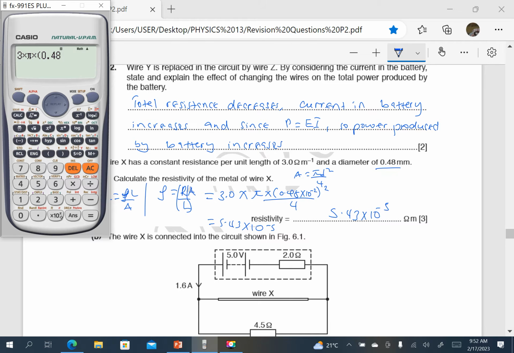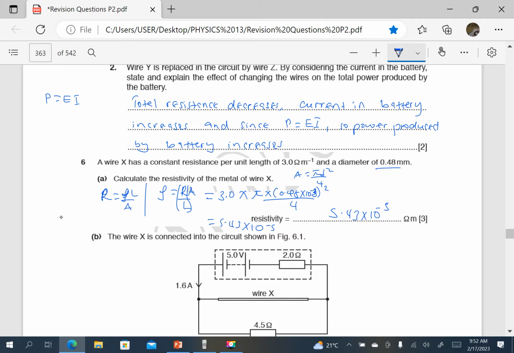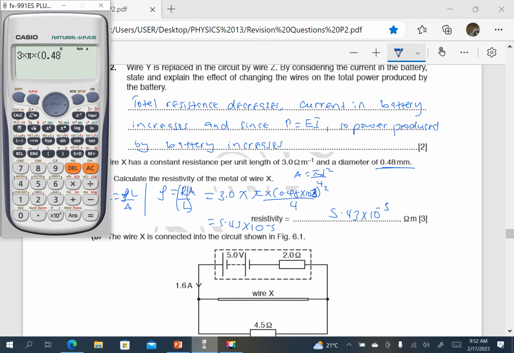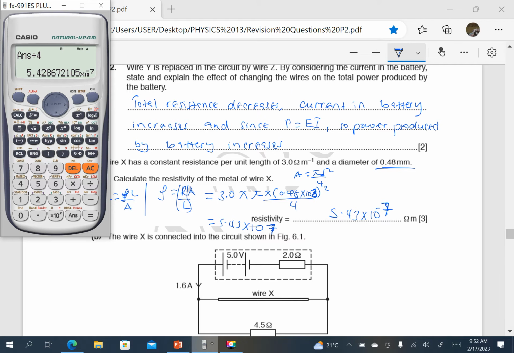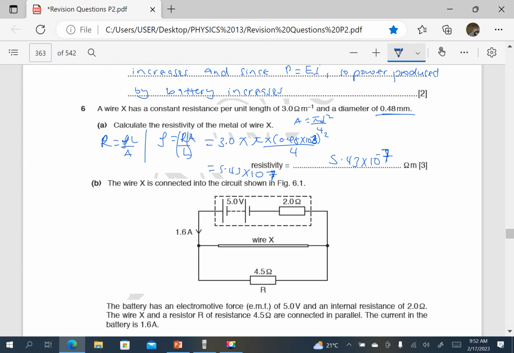Sorry, this is in millimeters, so that is exponent negative 3. Sorry for that, I make mistakes. So 0.48 exponent negative 3, and that is squared, divided by 4. Sorry, this is power negative 7. Okay, that is 5.43 times 10 power negative 7.